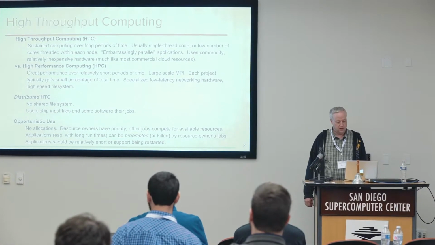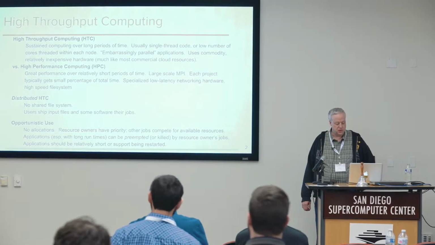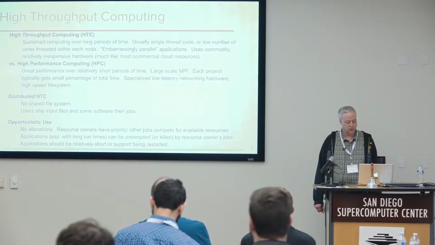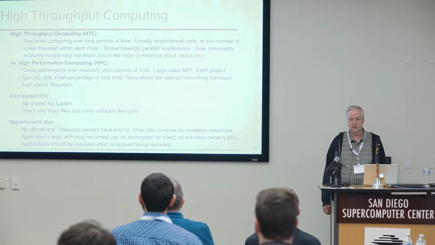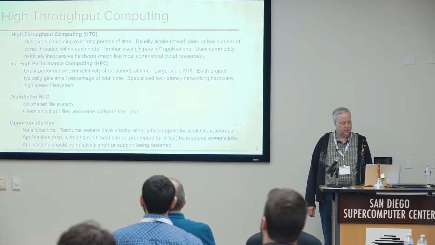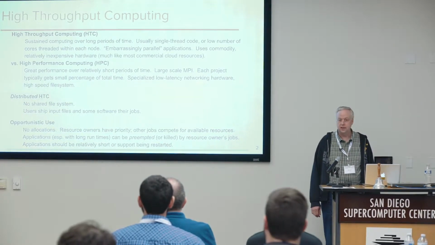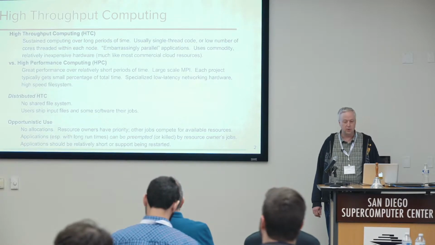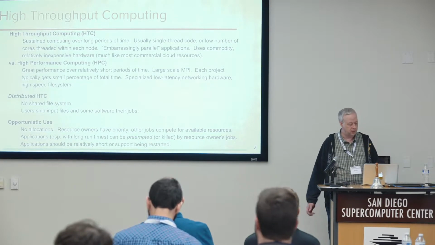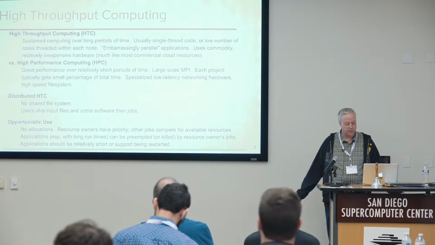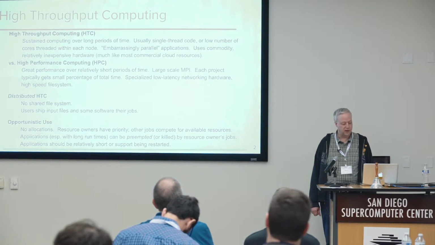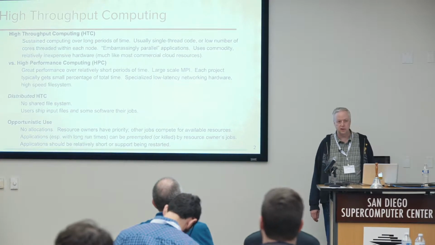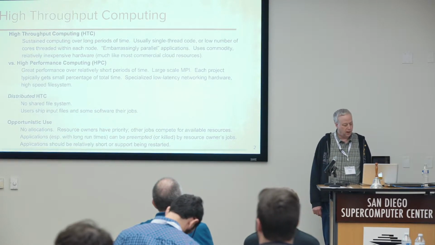And with HTC, it's usually embarrassingly parallel applications, so it's very easy to spread them out over lots and lots of widely separated CPUs, usually either single-threaded or with a low number of cores threaded within each node. And it's based on commodity and relatively inexpensive hardware, a lot more like most of the commercial cloud resources.